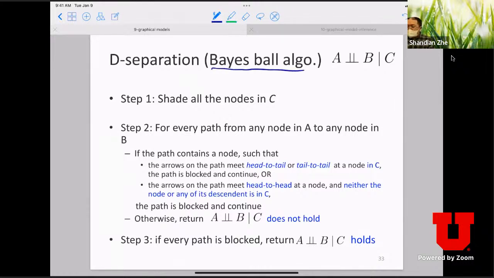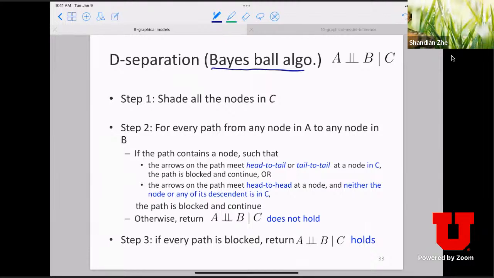Because we're representing all these things in our network, you can imagine you throw a ball going through every path from any node in A to any node in B. If under some conditions these balls are blocked, you try another path.